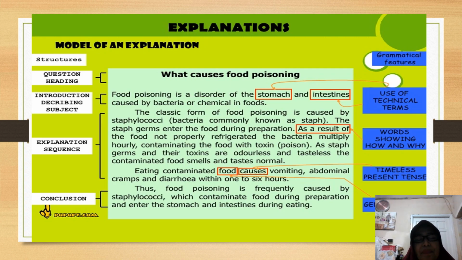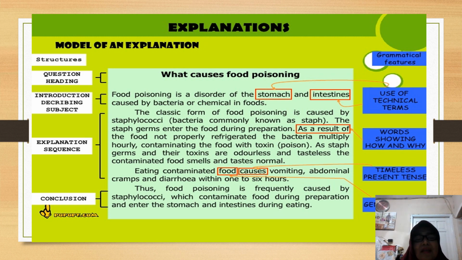And this is the example of an explanation text. As you can see, on your right, you can see the generic structures of the text. The first thing to do is introducing the subject.